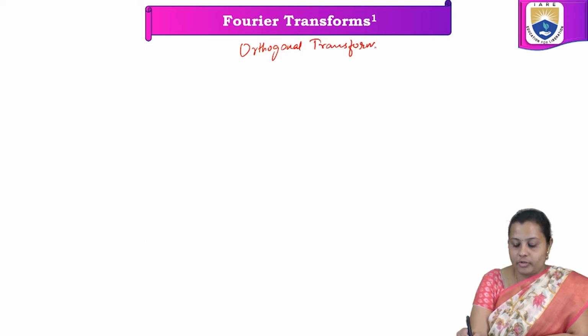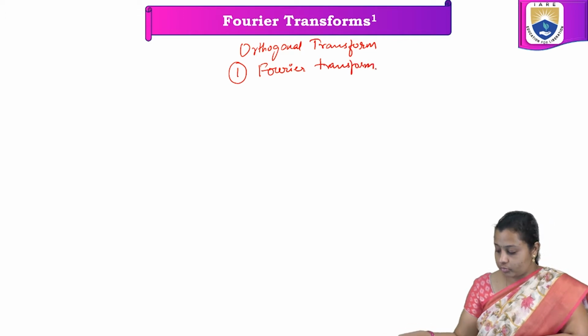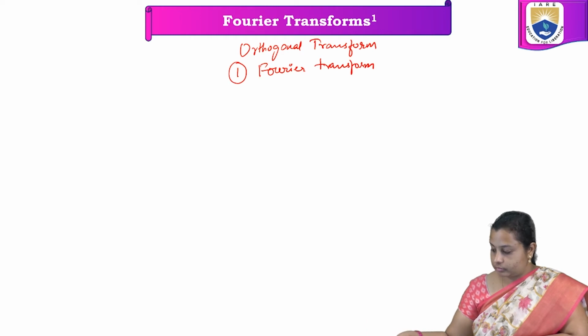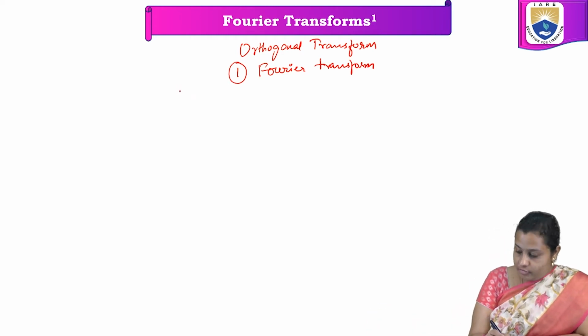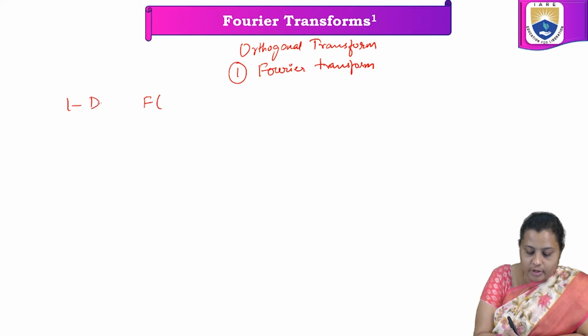The first one that we want to talk about is the Fourier transform. Let's consider the 1D representation of the Fourier transform.